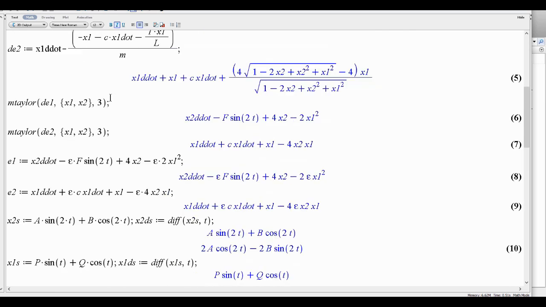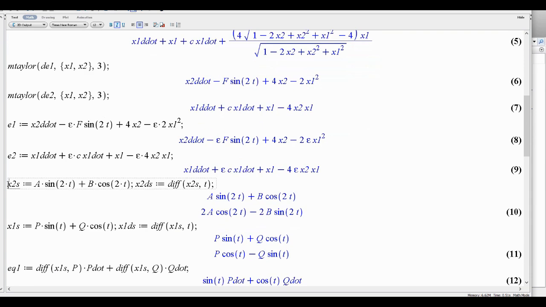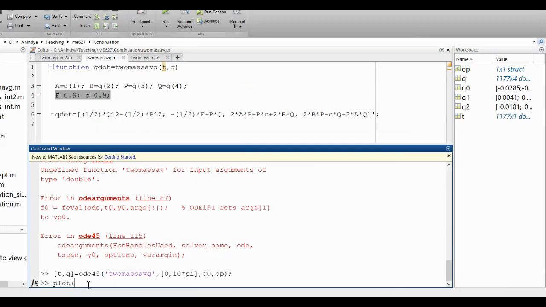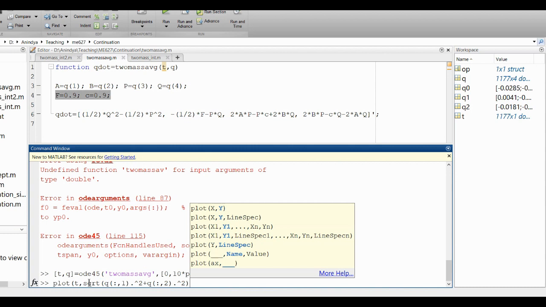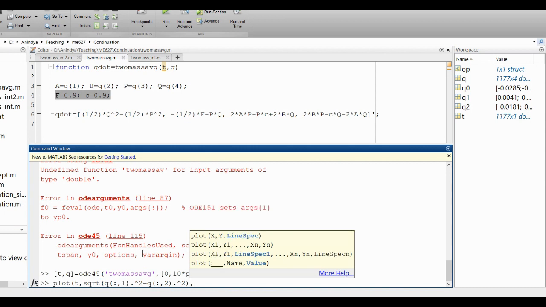Not here. Here. A and B together determine the amplitude of x2. P and Q together determine the amplitude of q2 and of x1, and so I will have t, and then I'll have square root, and then I will have q1 square plus q2 square. This is the amplitude of x2, and then t, and then a similar thing but with 3 and 4.